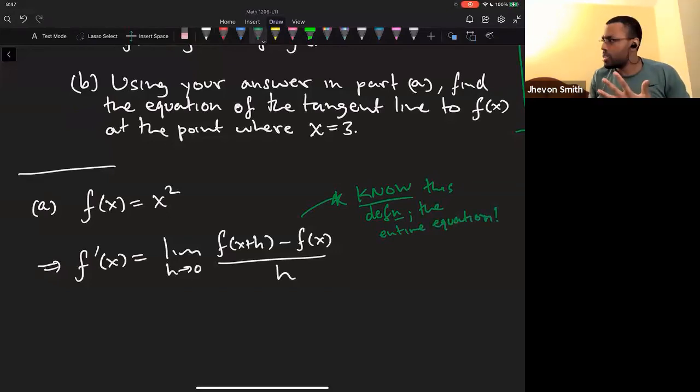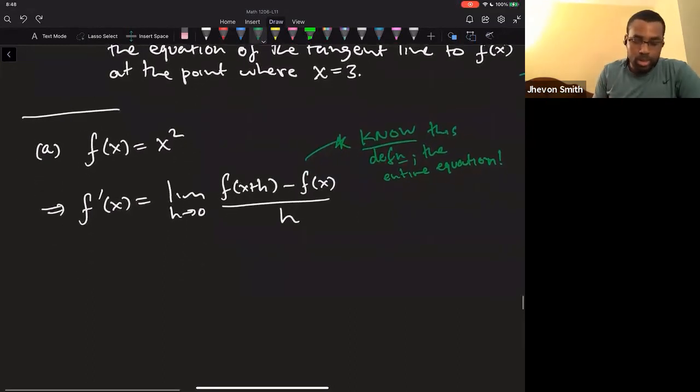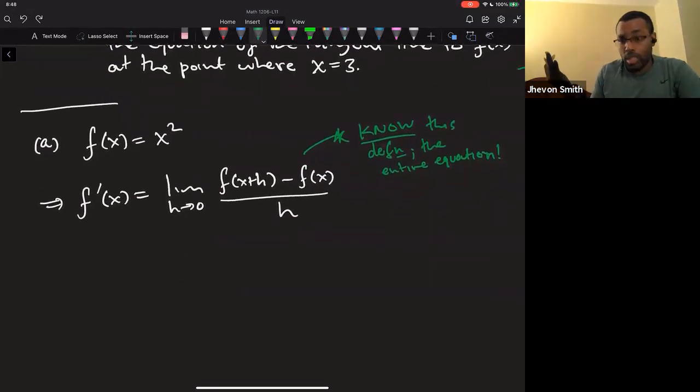There's a bad habit that students have sometimes where when you tell them to know a formula, they only memorize one side of the formula. Like they never memorize the whole equation. They don't know what the left side is. And you can get into a lot of trouble like that. So memorize the entire equation. If I ask you to define the derivative, I do expect you to write the left side of this equation. You can get in trouble otherwise. But that's the derivative. We just did that definition.